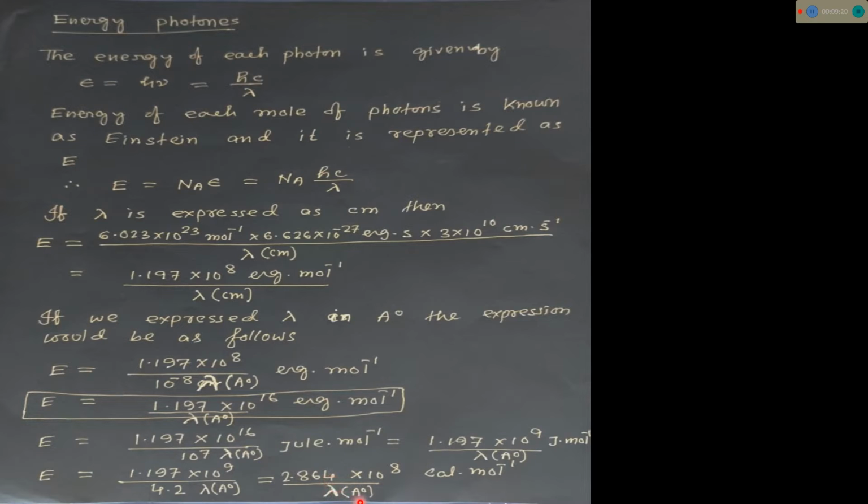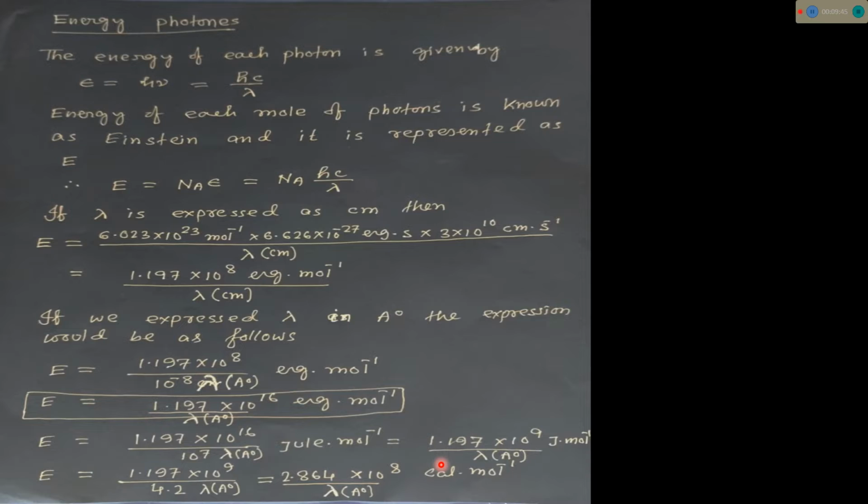Here also lambda is in angstrom unit. So in these equations, energy is expressed as 1.197 into 10 to the power 16 upon lambda in angstrom unit in erg per mole, 1.197 into 10 to the power 9 upon lambda in joule per mole, and 2.864 into 10 to the power 8 upon lambda in angstrom unit in calorie per mole.